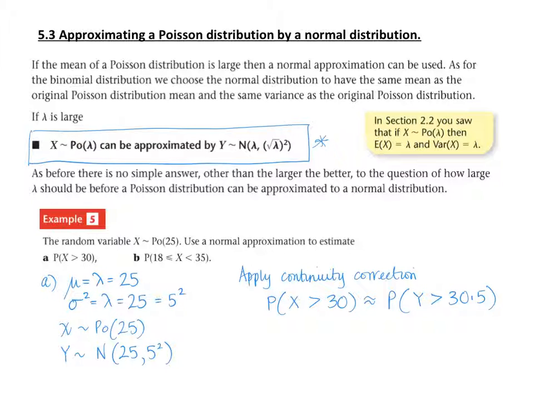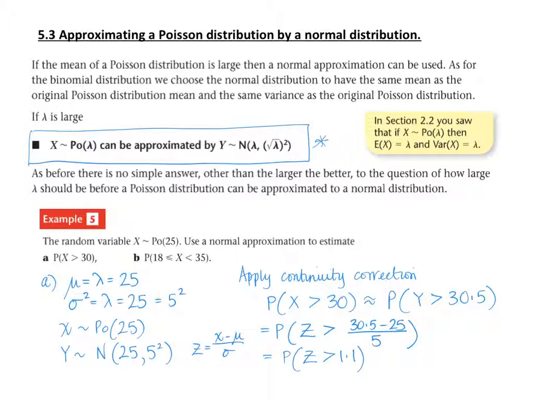Then if we standardise this, that's actually equal to z greater than, remember that's using the standardisation of x minus mu over sigma. So that's greater than 30.5 minus 25 all over 5. So that gives us probability of z greater than 1.1.